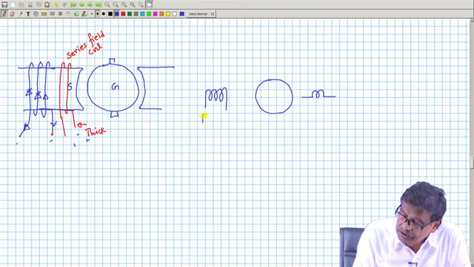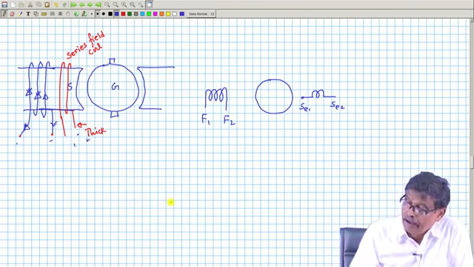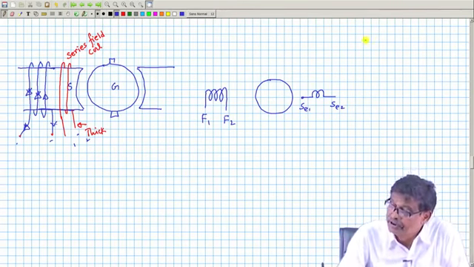So, these two are field terminals and these two are series field terminals, and then it is called a compound machine.